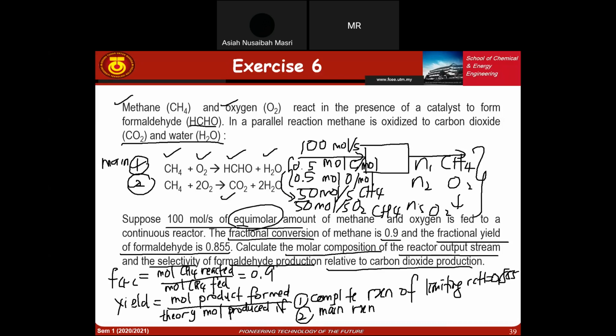So selectivity of HCHO over CO2. That will be mole of HCHO produced over mole of CO2 produced in actual. Okay, so now we have extracted most of the information.